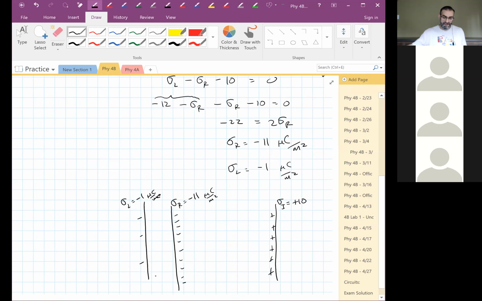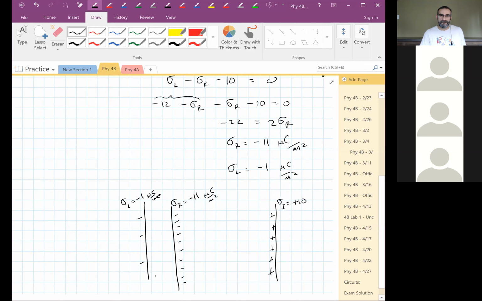If you look at the density, one is plus 10, one is minus 11. I would assume the right side should be equivalent to the insulating sheet. But why is this different?